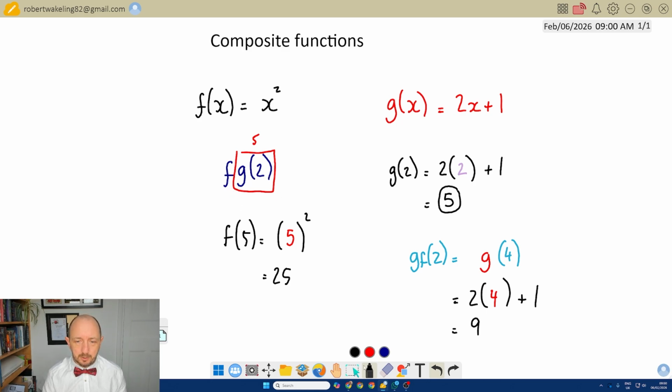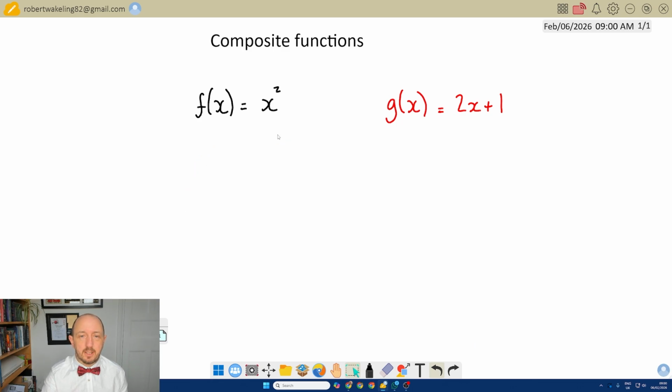Okay, so that's doing this with numbers, but what happens if we actually do this with the algebra? Because you might have something like fg of x, or they could use a different letter, and that makes it even more confusing. So g of x is 2x plus 1.